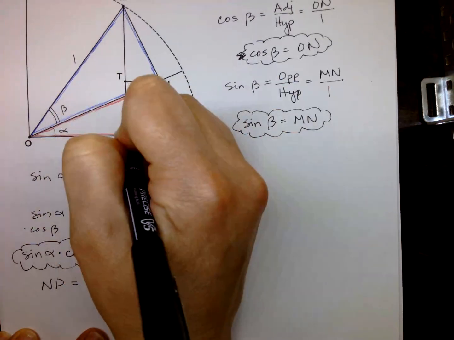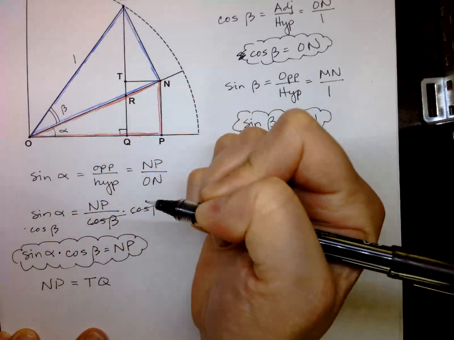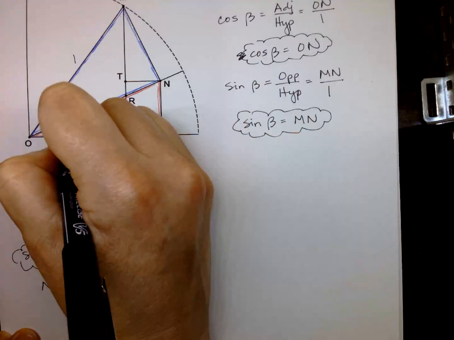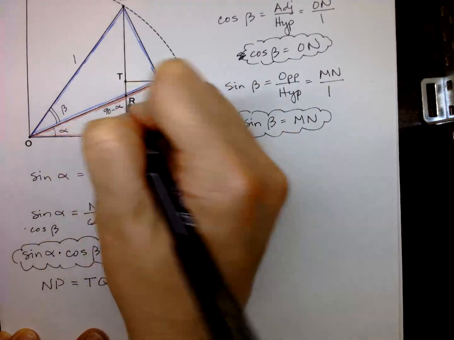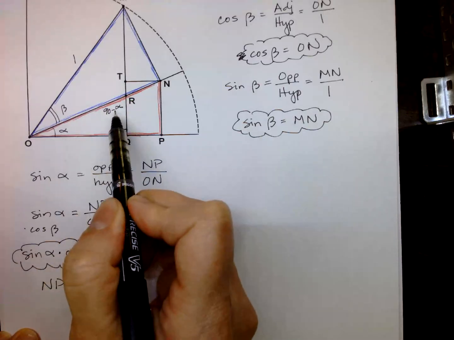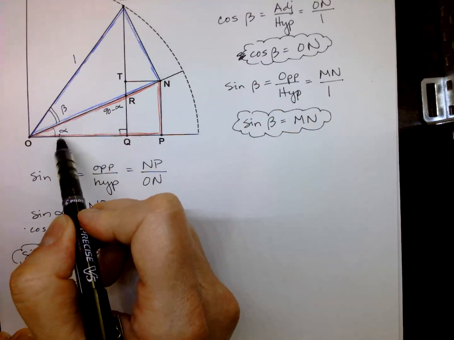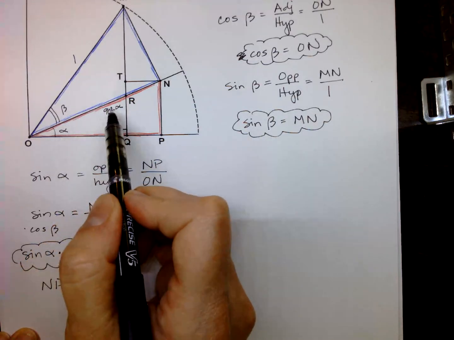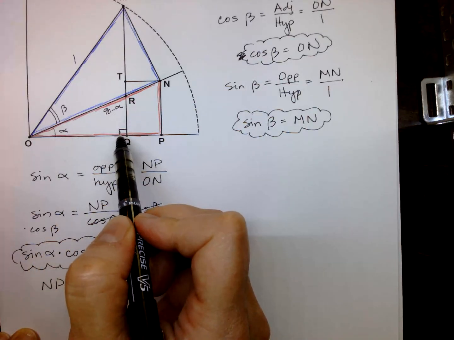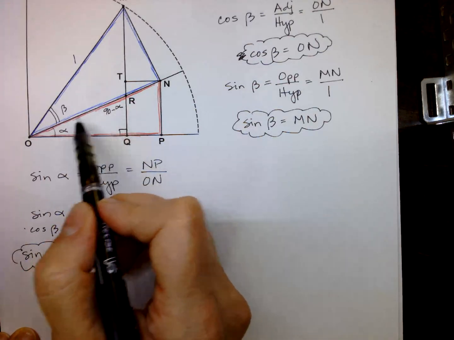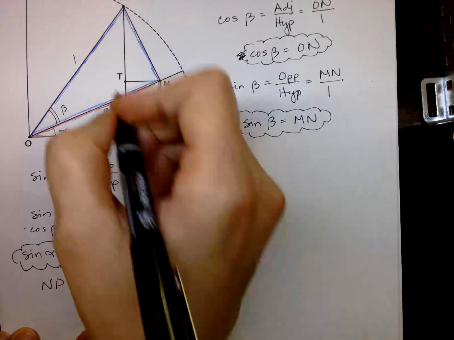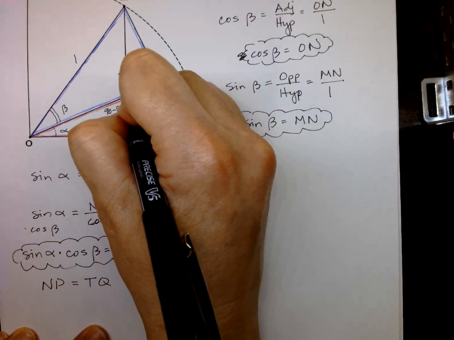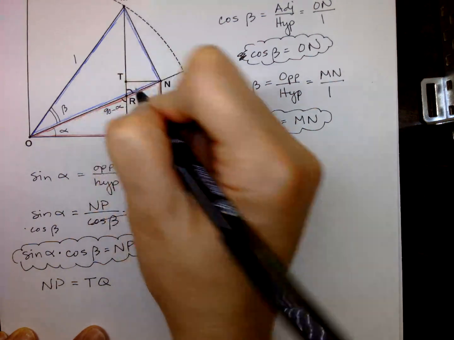That means that here is a 90-degree angle at the bottom. If this angle is alpha, that would mean that this angle right here is 90 minus alpha. It has to be the complement to alpha because they're both in the same triangle. 90 degrees is used up by this corner, and that means the other 90 degrees has to be split between these two angles.